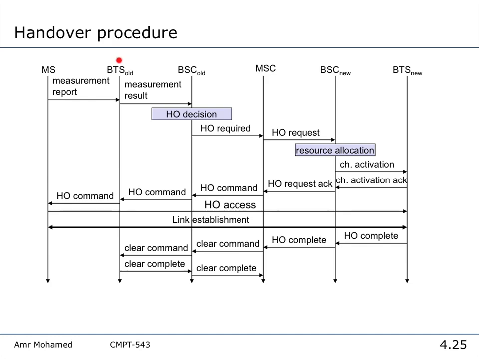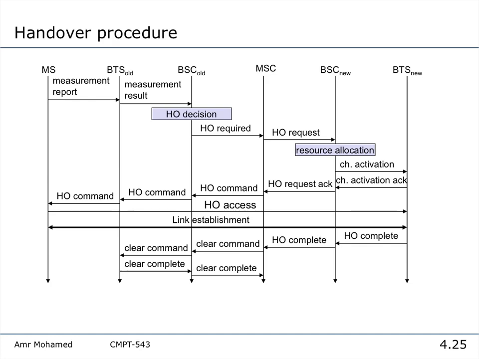So the base station itself averages out, or performs some moving average filtering on these measurements, and then sends the averaged values to the BSC, because we said that the BSC is the component that manages the handover. So all the handover has to be managed and controlled by the BSC and the MSC as well in this particular case.